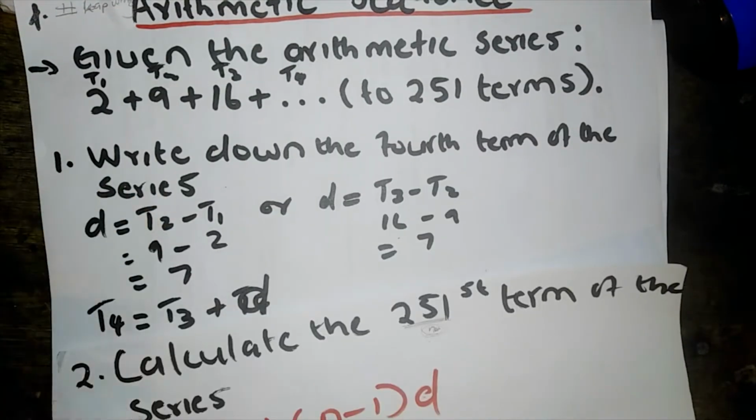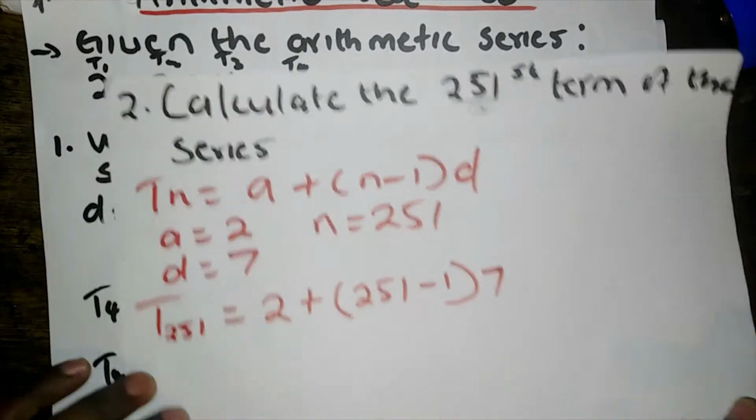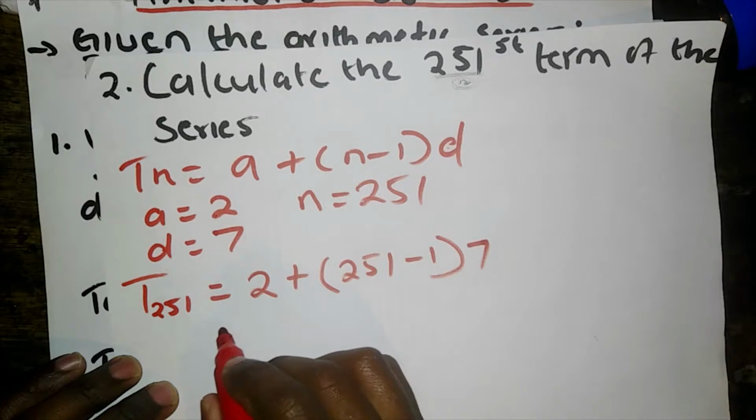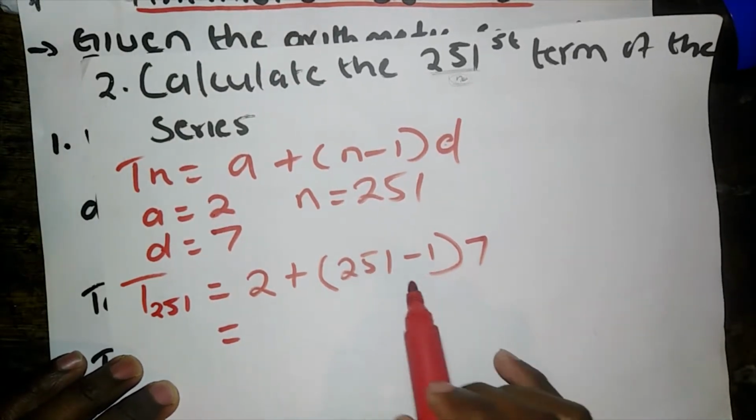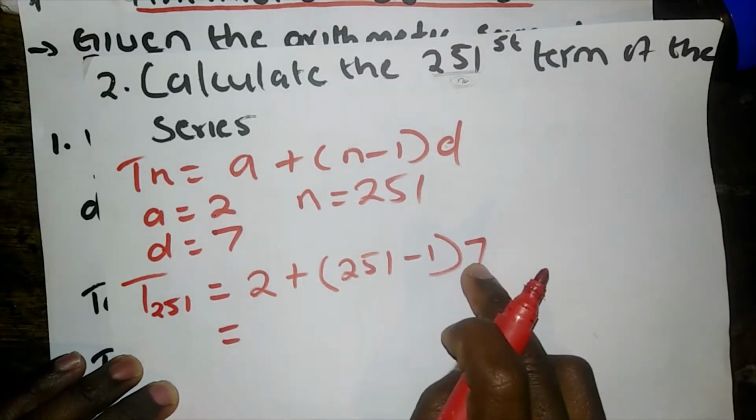In the previous video I showed how to calculate d: T2 minus T1, and T3 minus T2. First of all, solve the bracket, then you multiply.